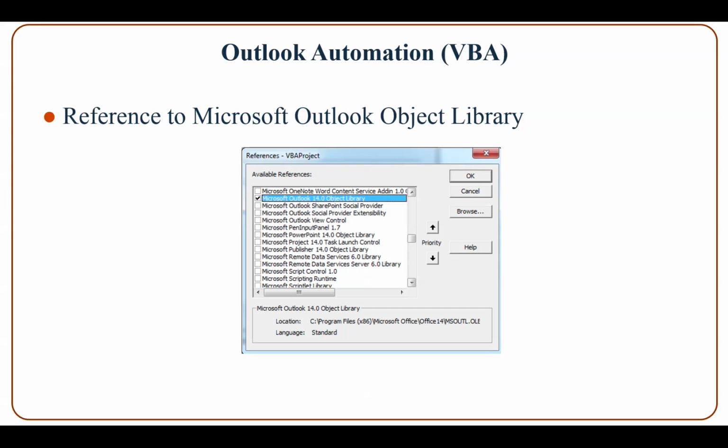For Outlook automation, you also need to add a reference to the Microsoft Outlook object library, and this is VBA.